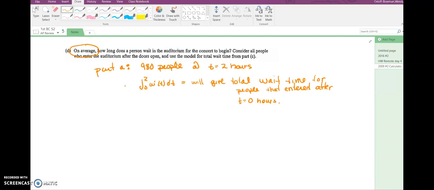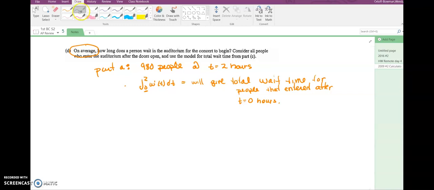Okay. The things I wrote in orange aren't necessary to write down in the way that I've written them down, but these are things we need to consider. The total number of people at t equals 2 hours, and then we needed to tweak our integral from part C a little bit. We needed to start it from 0 to 2, so we need the total wait time after the doors of the auditorium had opened.